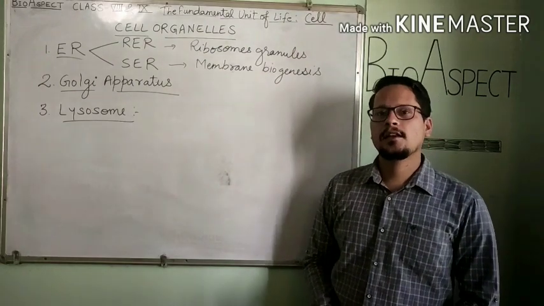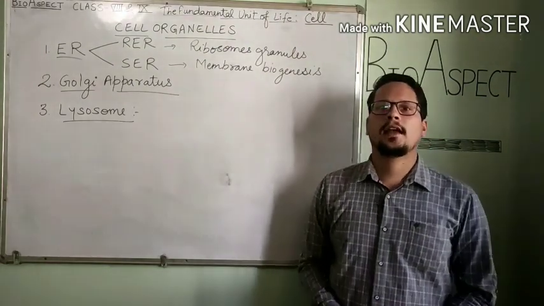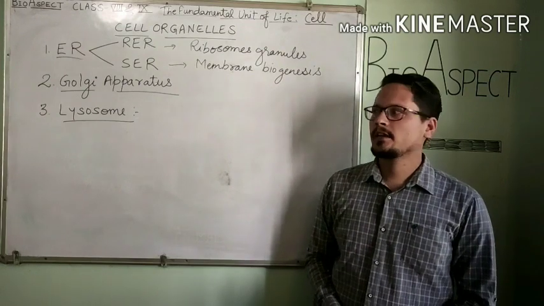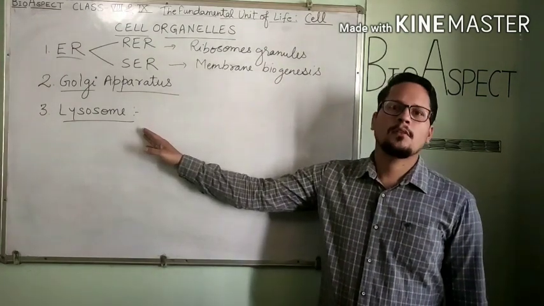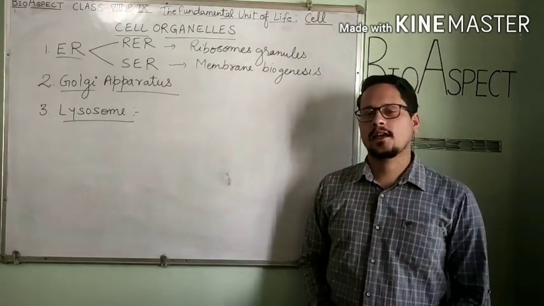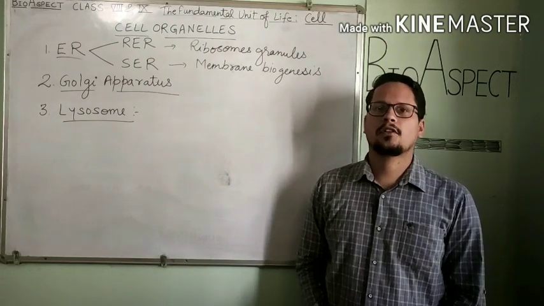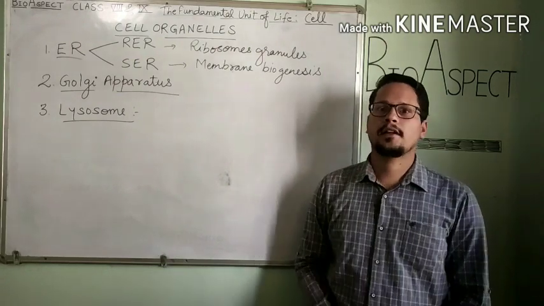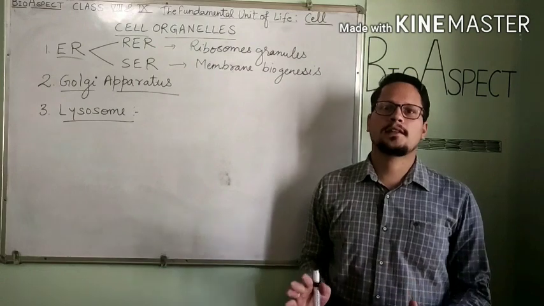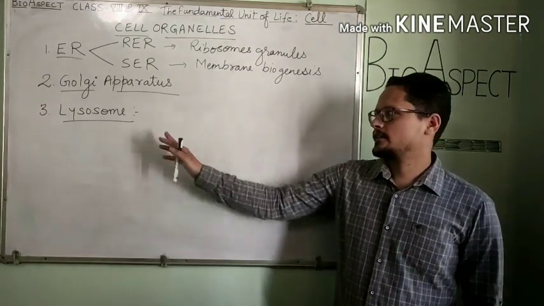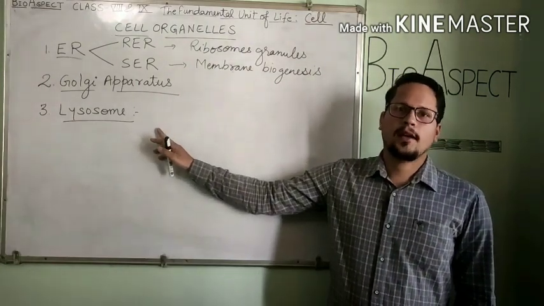But in any case, if the cell gets damaged, the lysosome bursts open and its digestive enzymes come out from the vesicle and digest the whole cell. That's why it is called the suicidal bag.